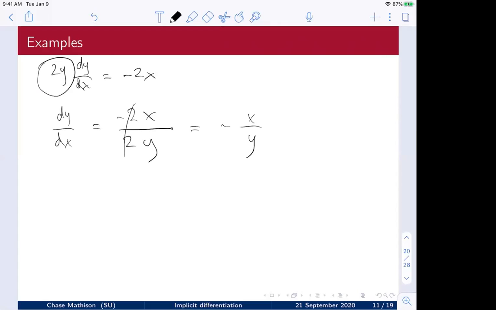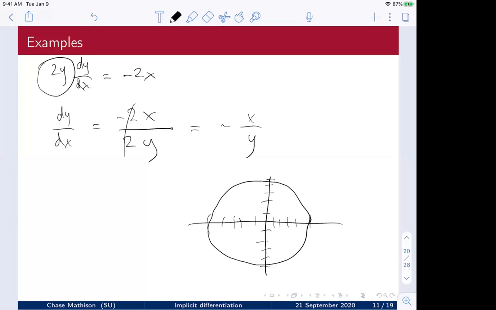So notice in particular, this says the derivative is undefined when y is equal to 0, right? But that makes sense if you draw the circle really quick. This was a circle of radius 5, x squared plus y squared equals 25. Circle radius 5.